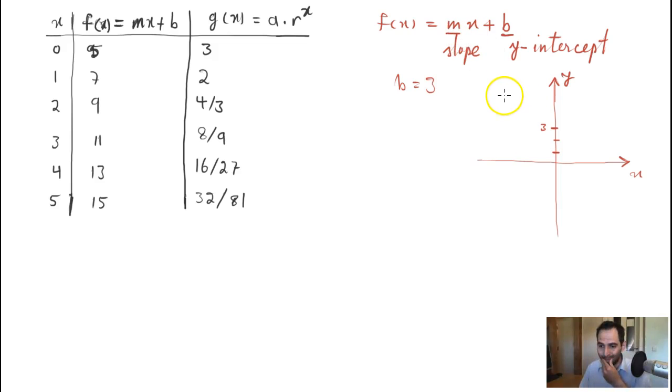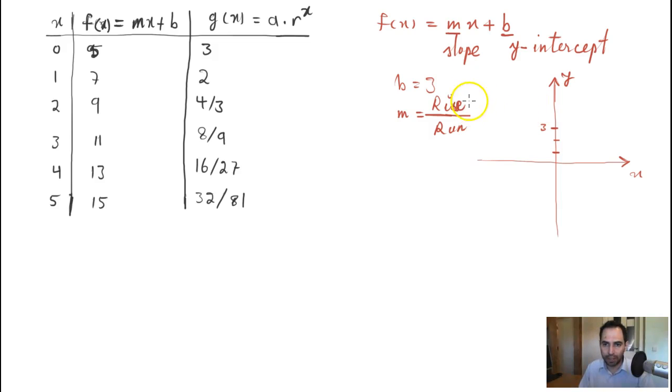And your m is your slope. So m is the slope and is practically the rise over the run of the function.